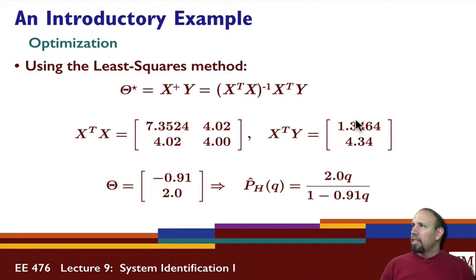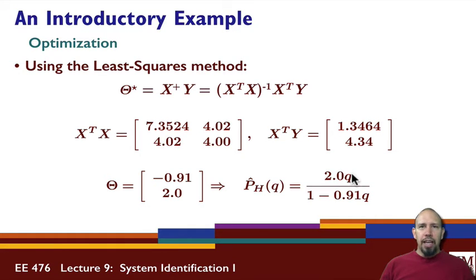X transpose Y is given by this from those matrices that we had before. And so when I take the inverse of this times this, I get this. And so now this is A1, this is B1. So B1 went in the numerator, A1 went in the denominator. And so we have this, this is our model now.